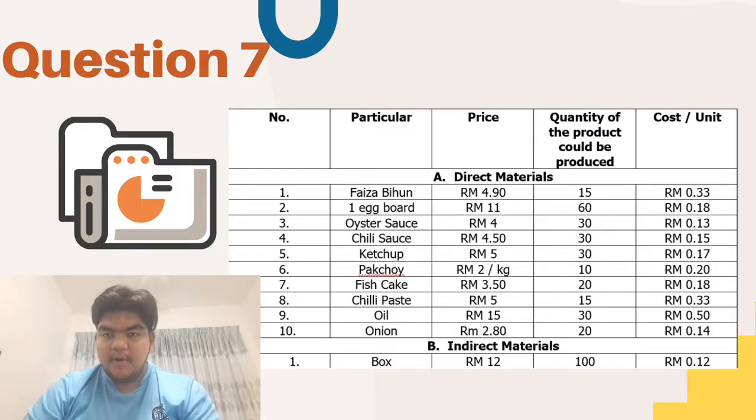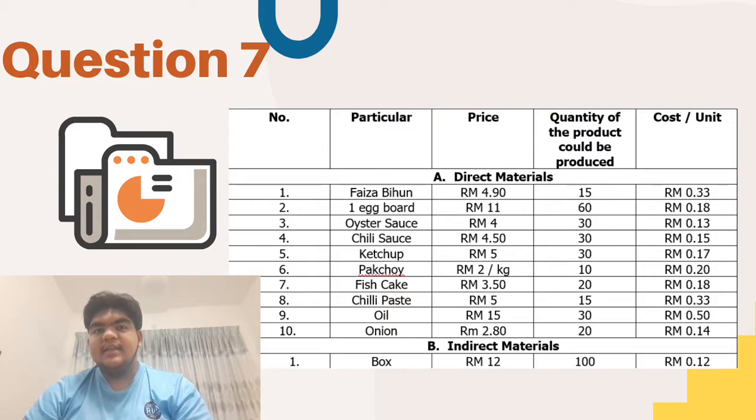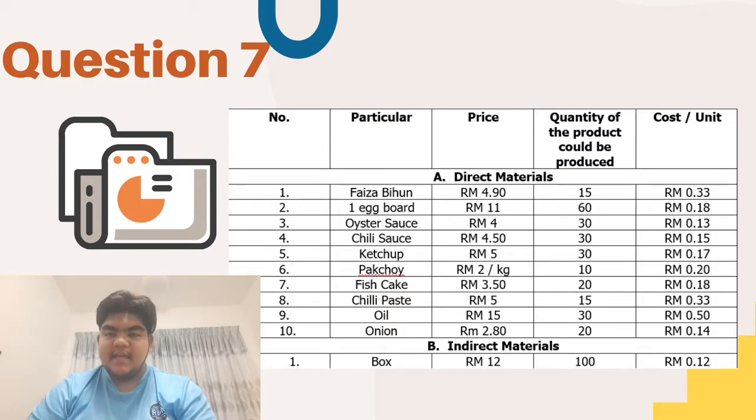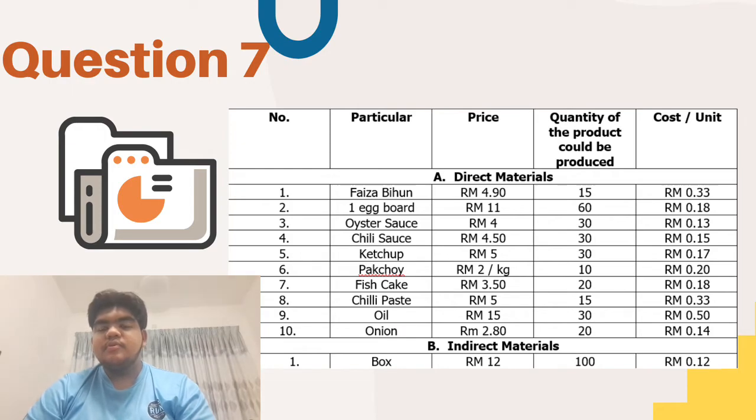Next is one egg board that has around 30 pieces of egg in it with the price of RM11. It can be used to produce around 60 servings with the cost per unit of RM0.18. Next item is oyster sauce with the price of RM4.